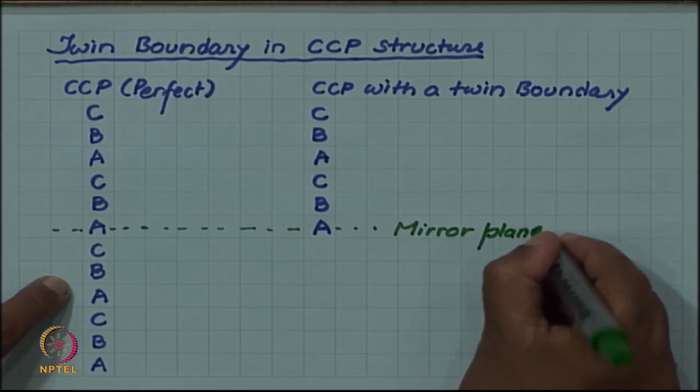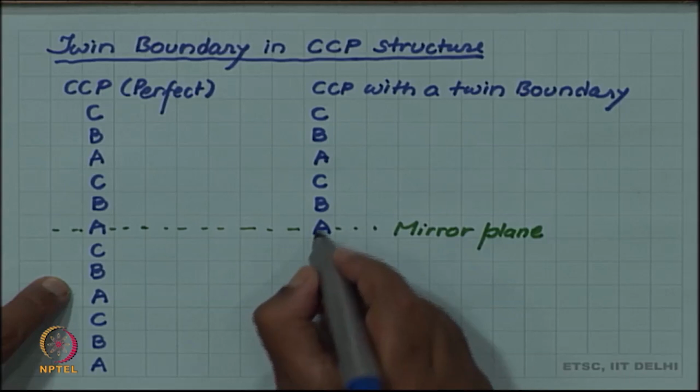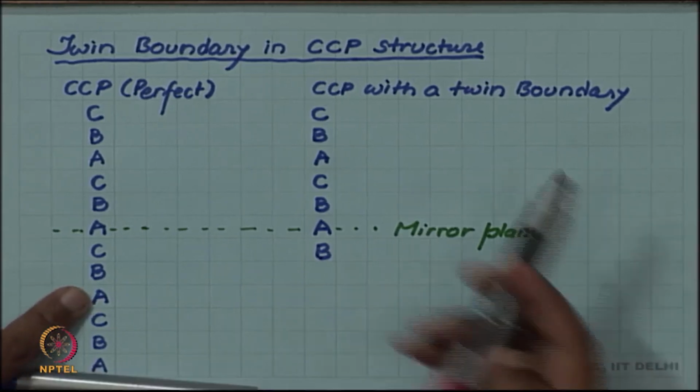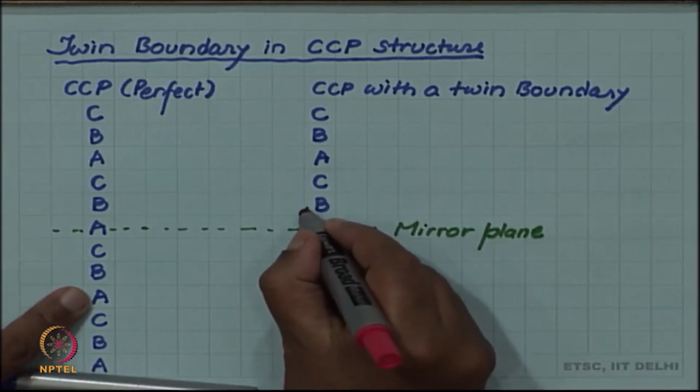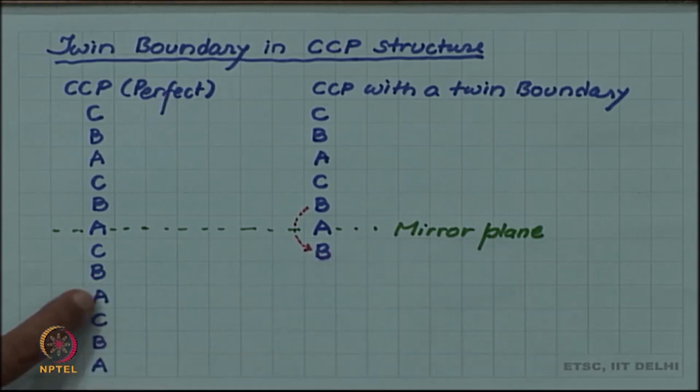And reflect the structure above into this mirror plane. So, if I reflect this, then here instead of C plane I will get a B plane. Notice that I am reflecting B into this A plane. So, I am assuming that A is acting as a mirror plane and B is being reflected.